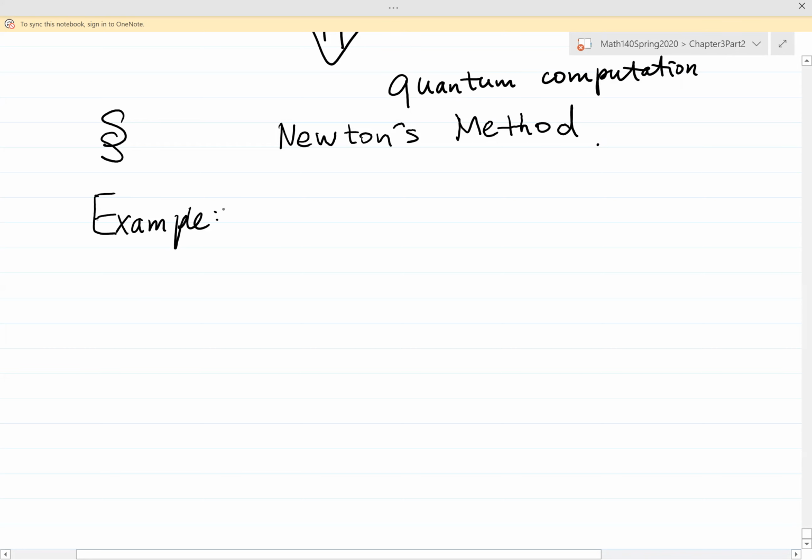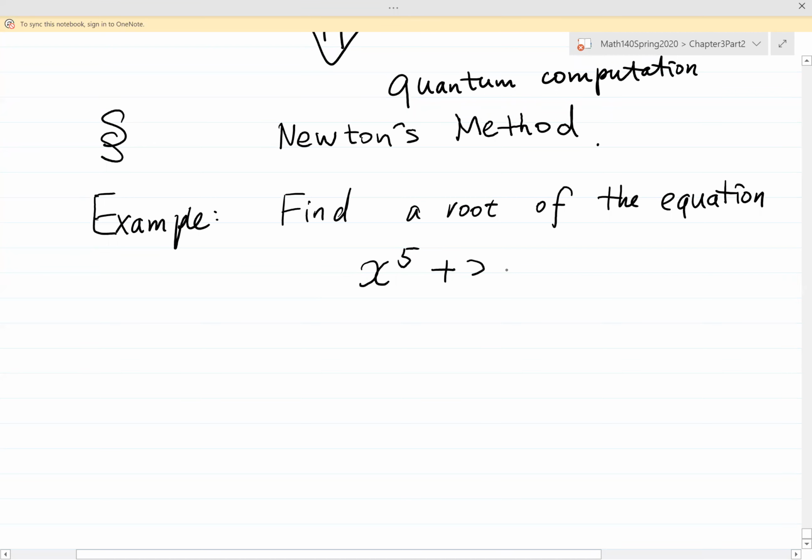Example: find a root of the equation x to the power 5 plus x minus 1 equals 0.